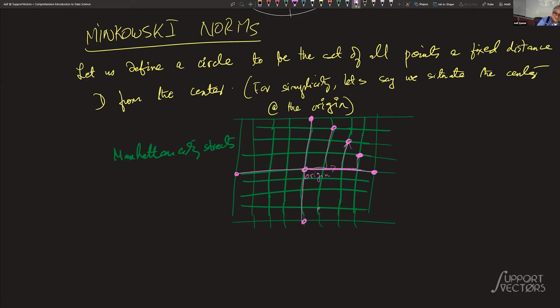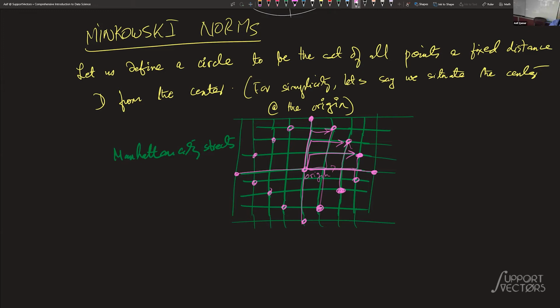And like that, these, they are all the same distance. You could have gone in many other ways. You can pick your path. But no matter which path, so long as you're not plowing your way through buildings, the taxi would go like this. All of these points, as far as the taxi is concerned, they are equidistant.